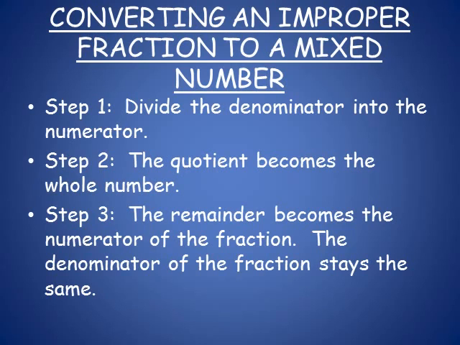And then finally, for step 3, the remainder becomes the numerator of the fraction. So that's what you get left over. That becomes the numerator. And then the denominator of the fraction stays the same. That does not change.